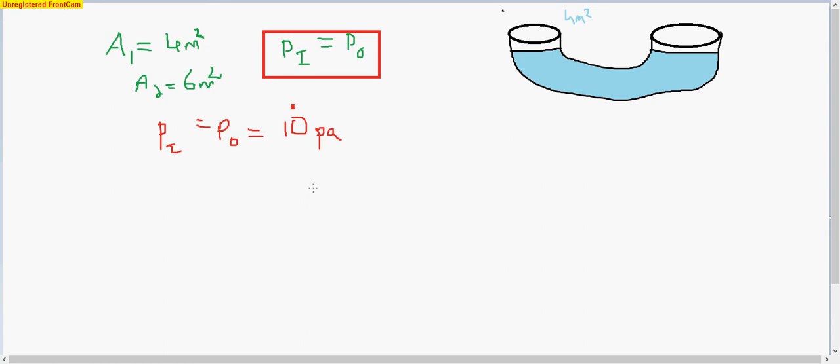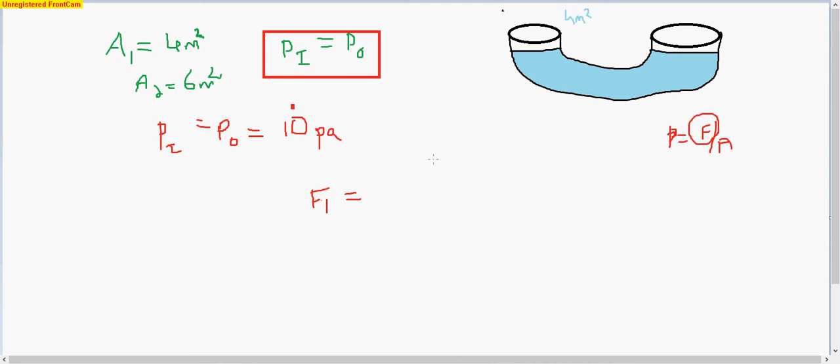So what is the force over here? Let's consider F1. As you know, P is equal to F by A, pressure is equal to F by A. So what is F?